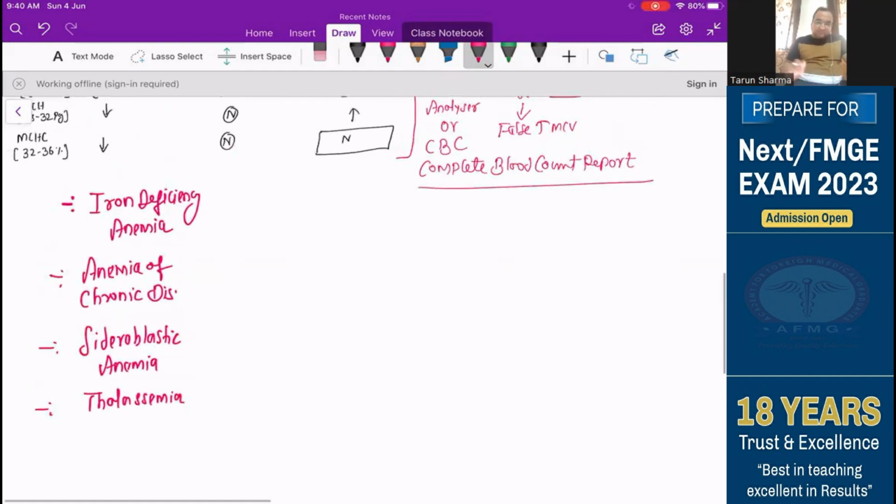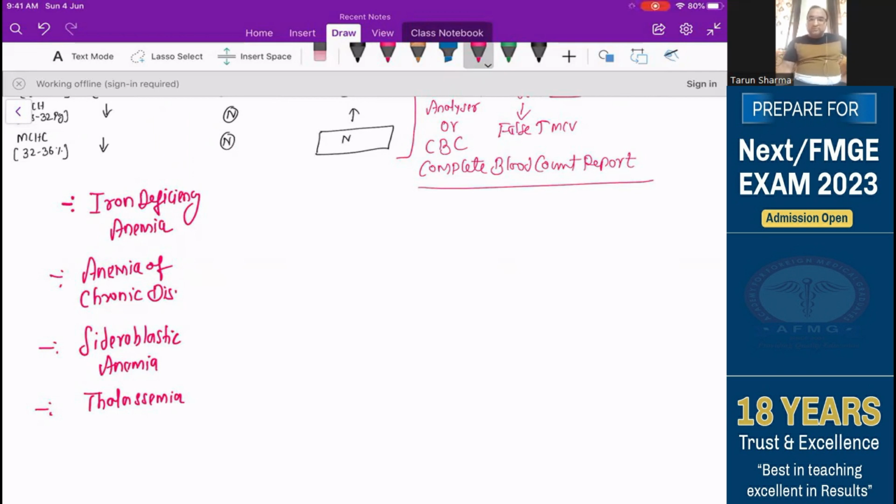So there are four types of anemia which will be there when the size of RBC is smaller. So whenever you see smaller size RBCs in the peripheral blood smear and there is hypochromia, then what can you think about? You can think about the four important anemias. One is iron deficiency, second is anemia of chronic disease, third is sideroblastic, and fourth is thalassemia. Okay.